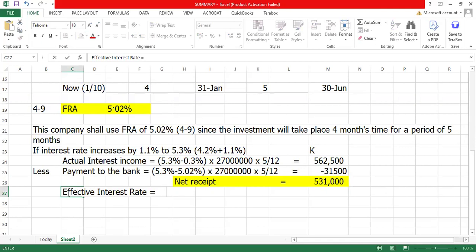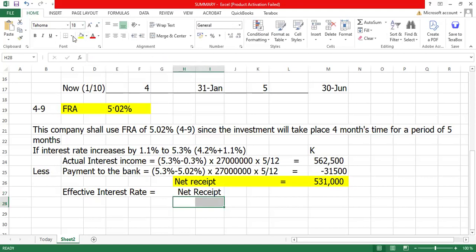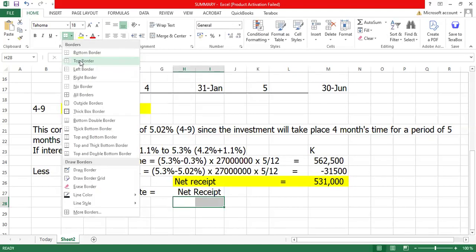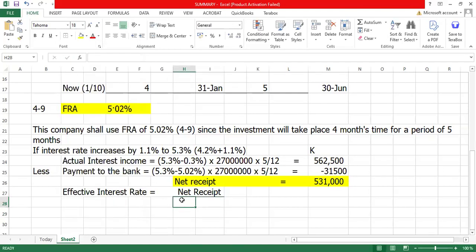To get this interest rate: net receipt over the investment amount. If you're dealing with a loan, you say over the loan amount. Then times the reciprocal, times 12 out of 5.